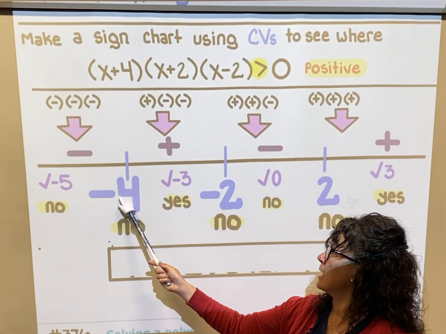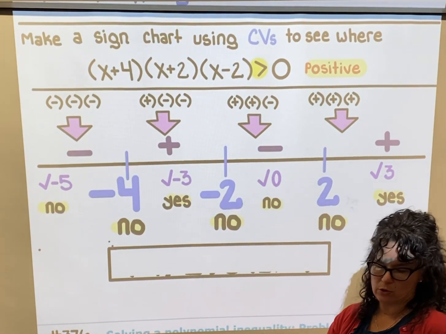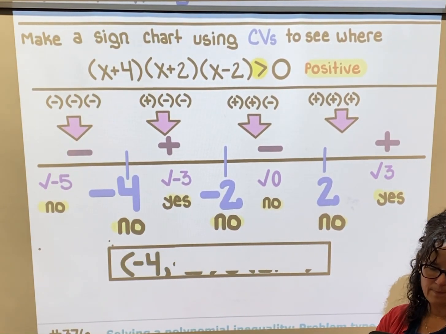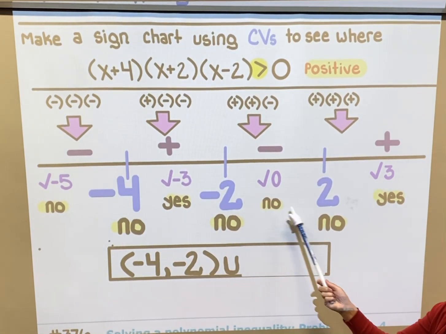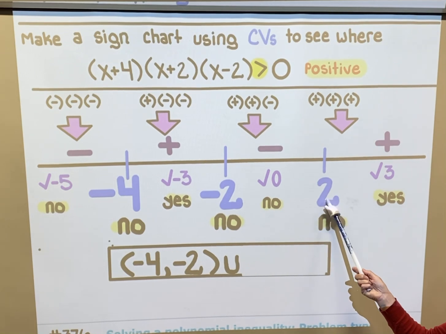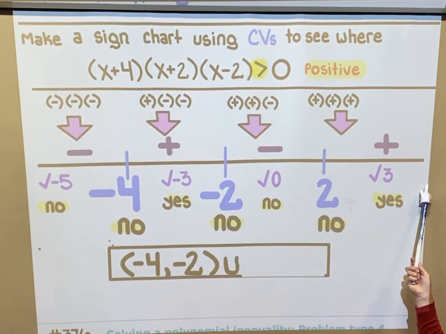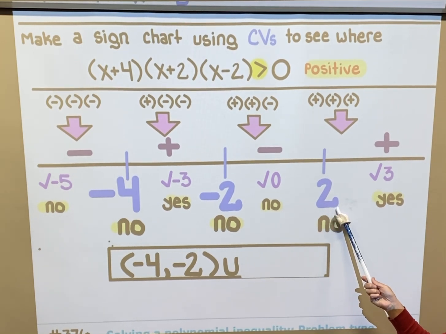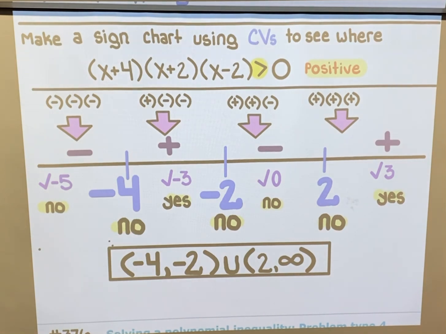So parenthesis negative 4 through negative 2, leave out negative 2, so parenthesis, union, and then no, no, no. Then right here, starting at 2 is a no, but to the right of 2 forever is a yes. So parenthesis 2 to leave it out, through infinity. And we have all the numbers that we can plug in here and make it true.